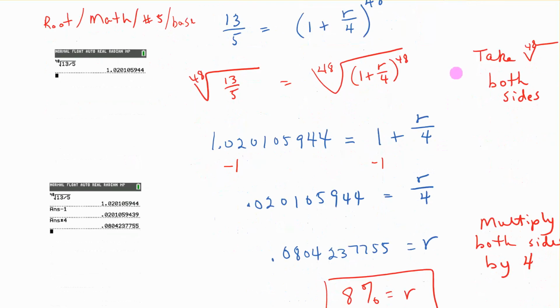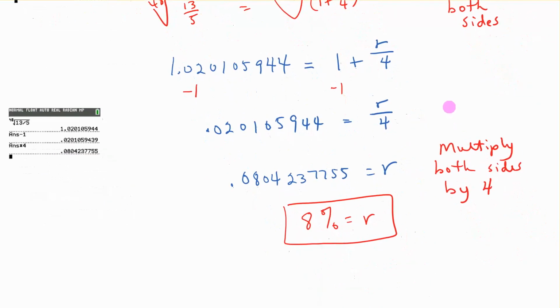So now we have that number equals 1 plus r over 4, because when you take the root of anything to some power, those cancel out. Subtract the 1 on both sides. So here I'm showing that I did that, and I took away the 1, and then I multiplied both sides by 4, and that gave me 0.08, and this long number is r.